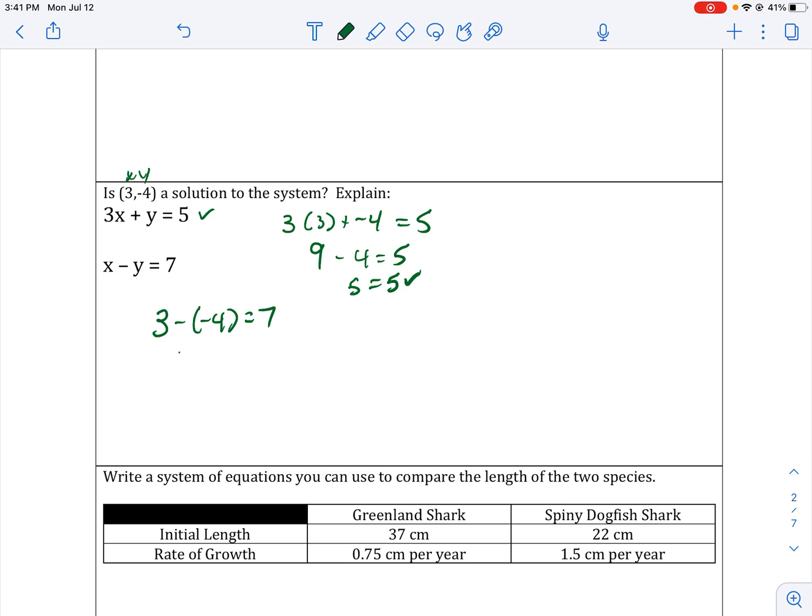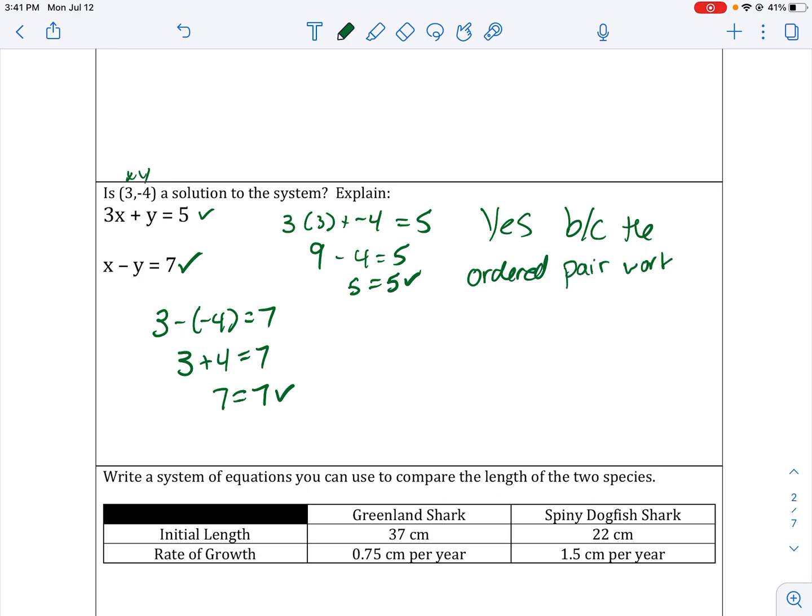Minus a negative means plus a positive, so let's be careful with those negatives. Does 7 equal 7 when we simplify both sides? Yes, because the ordered pair works in both equations.